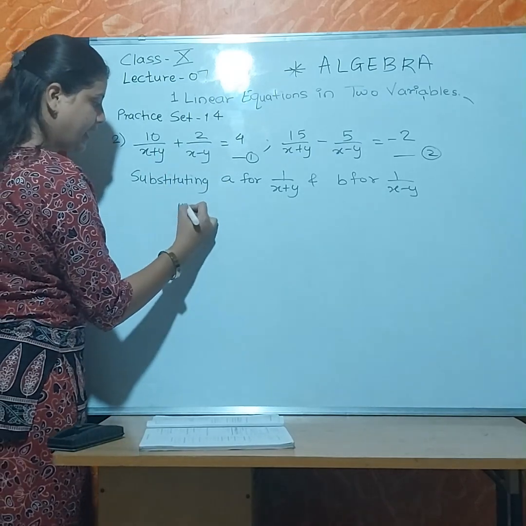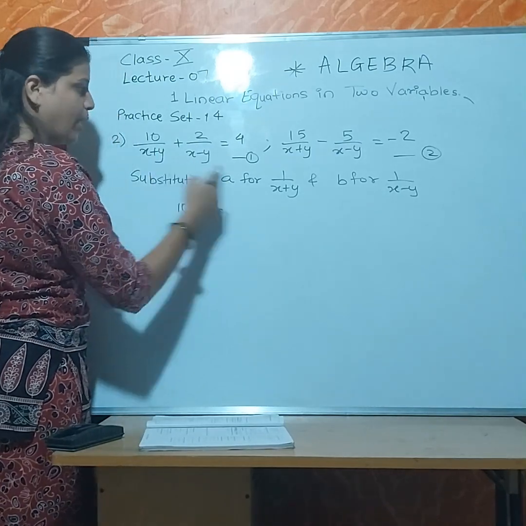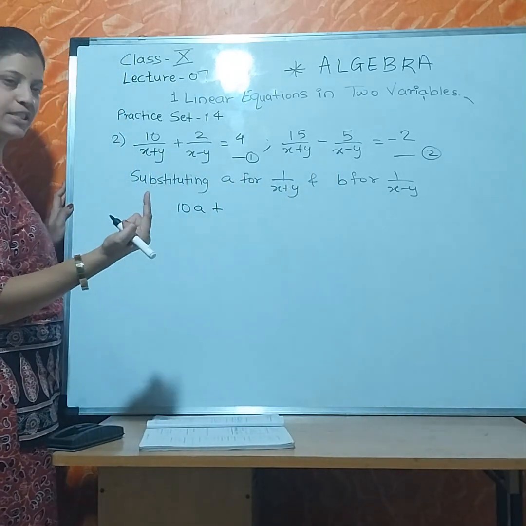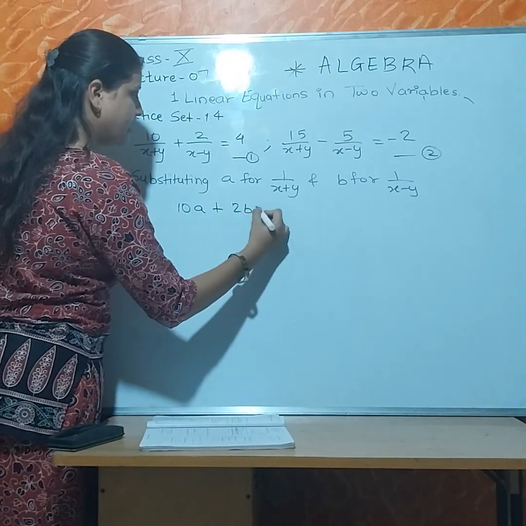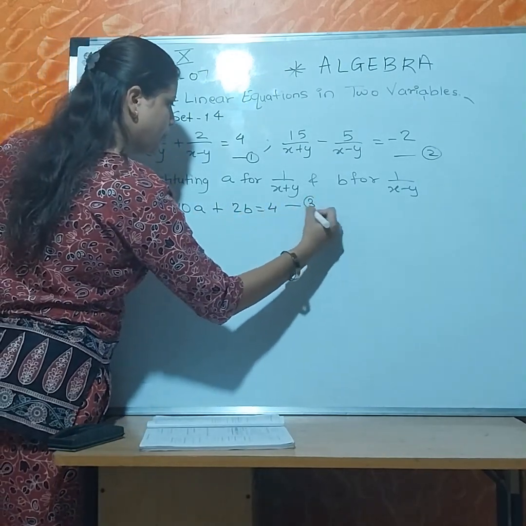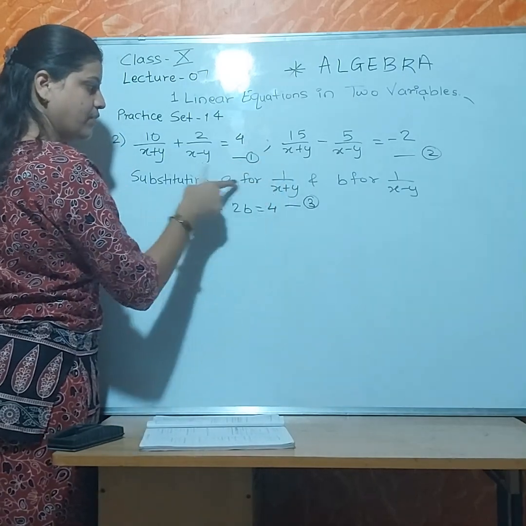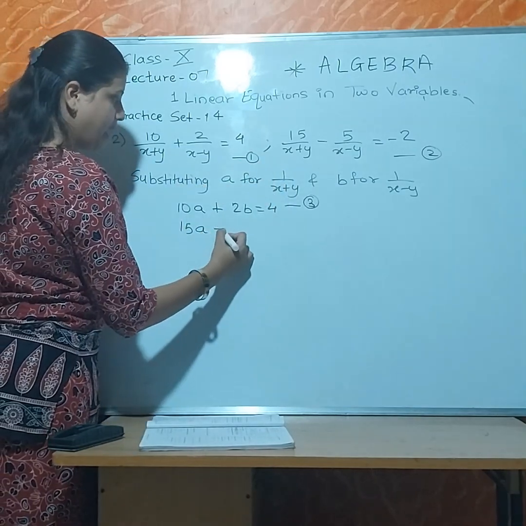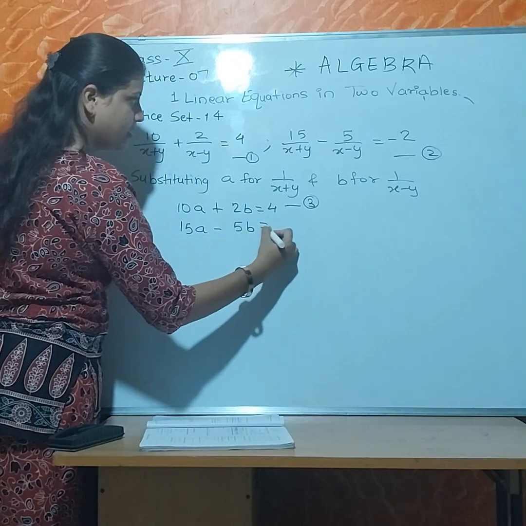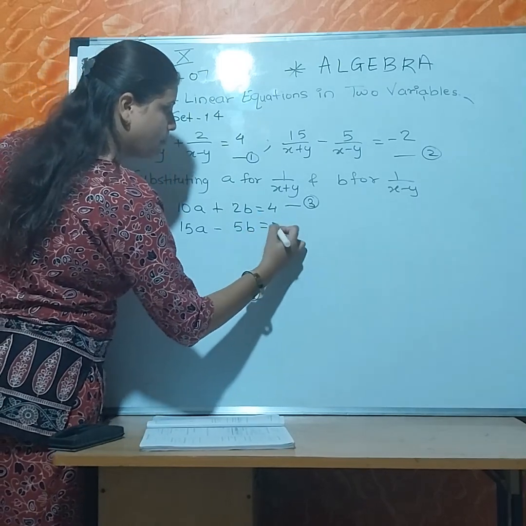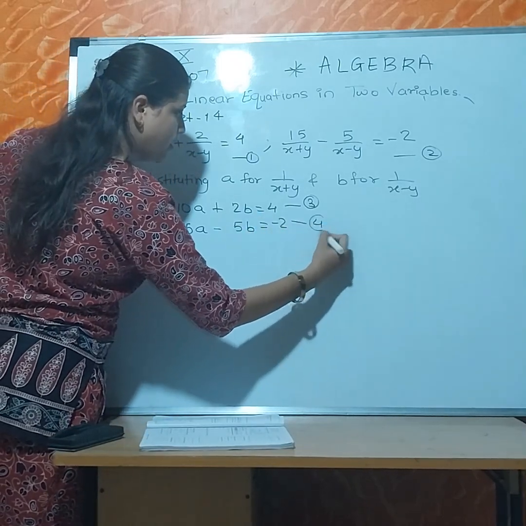So here we will get 10a plus 2b, where 1 upon x minus y we have considered as b, is equal to 4. This is our equation number 3. And next, similarly, 15a minus 5b is equal to minus 2. This is equation number 4.